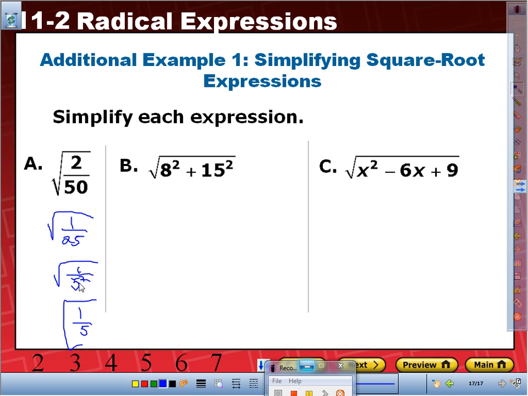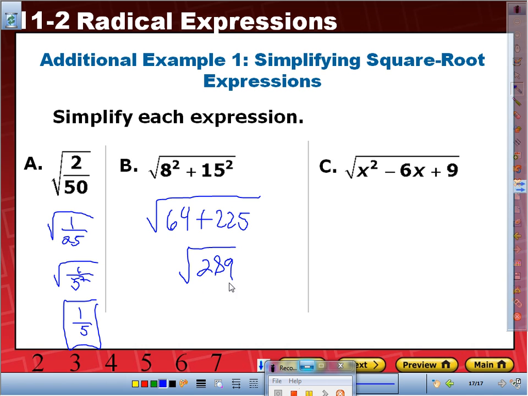Okay. As you're copying this one, I'm going to do this one. Check this out. Simplify. Let's see. What is 8 squared? 64. What is 15 squared? 225. From there, we need to simplify this. This becomes square root of 289. And square root of 289, let's see.